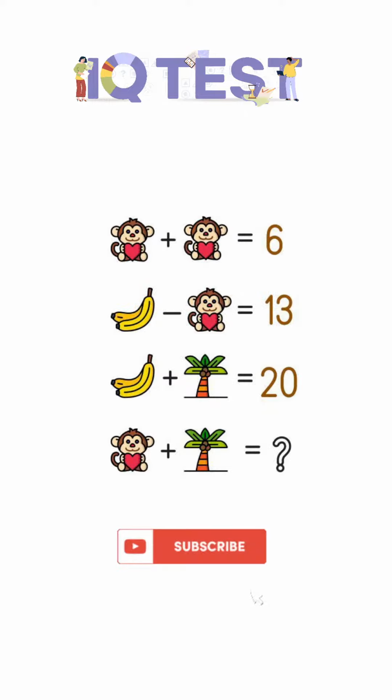So, what is the next one? Okay, Zaman is saying 7.